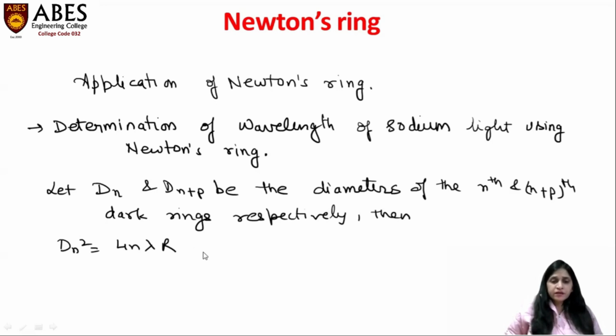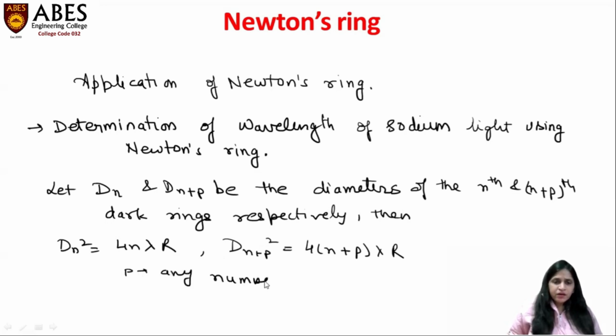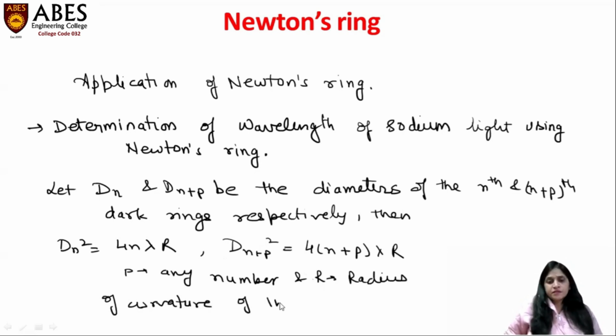And for Dn+p square, it will be 4(n+p) lambda R, where p is any integer, and R is the radius of curvature of the lens.